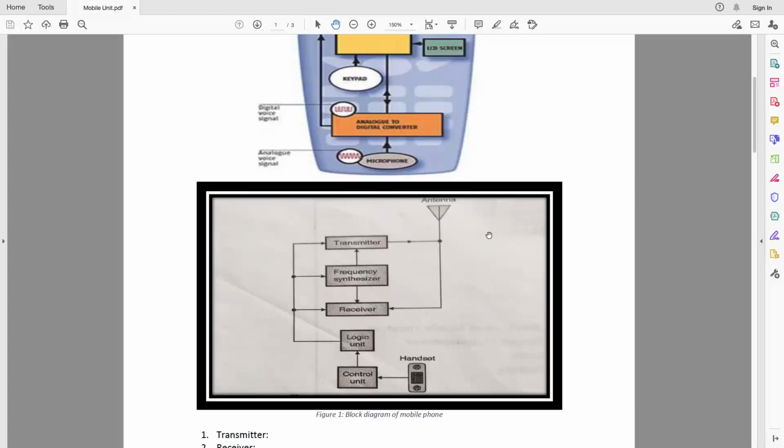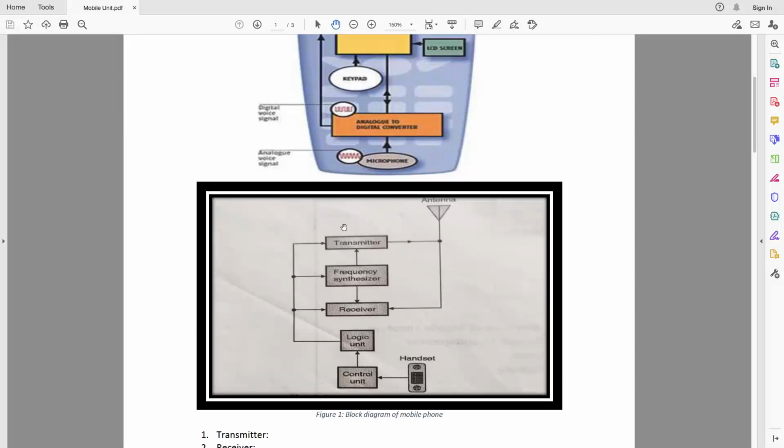We know that in the electromagnetic spectrum, only an electromagnetic signal can be transmitted, and an electromagnetic signal is always in analog form. But our mobile phone handset is a digital device, meaning it processes a digital signal. That's why a digital signal is not directly transmitted into the electromagnetic spectrum. It should be converted into a form which is suitable for transmission through the electromagnetic spectrum.